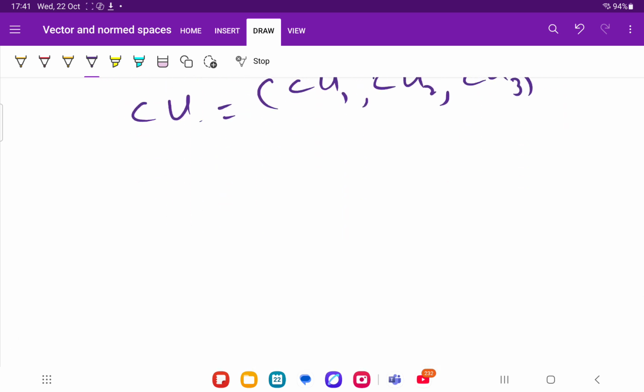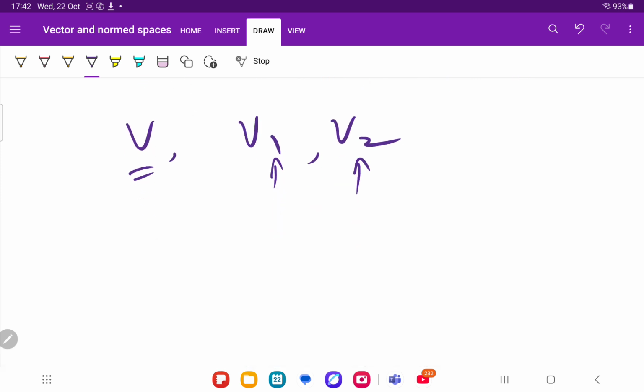For example, you have a vector v, and v1 and v2, and you want to write v1 and v2 as a linear combination of v. Then you will introduce a non-zero coefficient c.